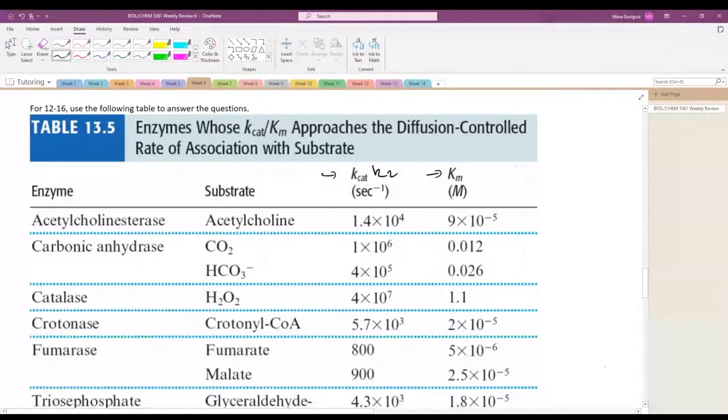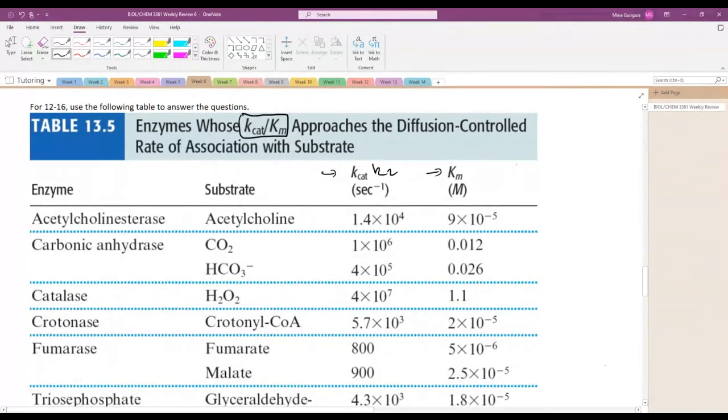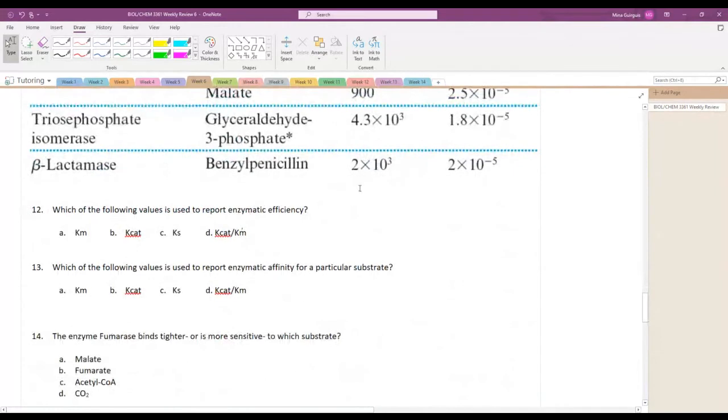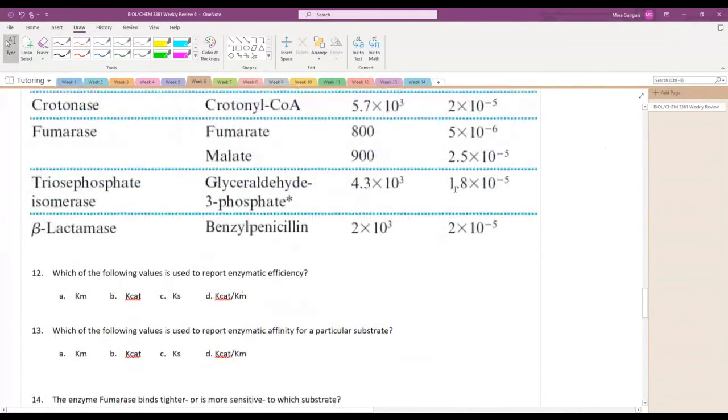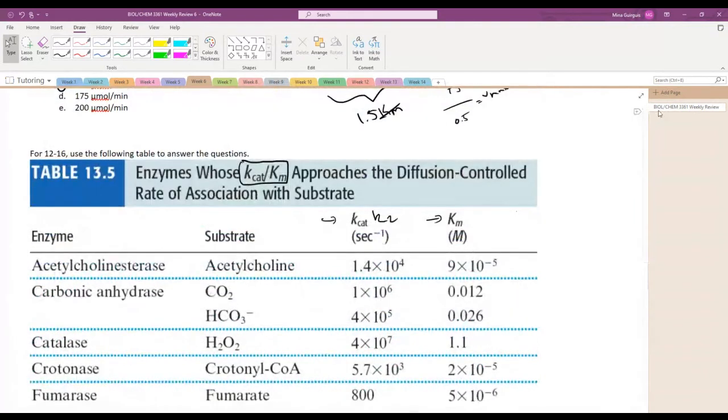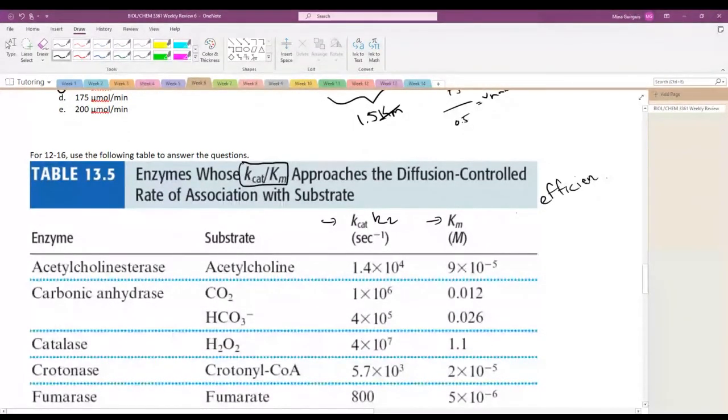This fraction right here, Kcat over Km, is a special fraction that we talk about. And you're going to see down here enzymatic efficiency, enzymatic affinity, all of these things. But the one that I'm looking for specifically is the term enzymatic efficiency, or catalytic efficiency you may hear. This is Kcat over Km.